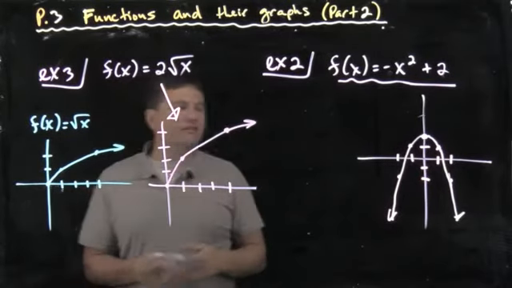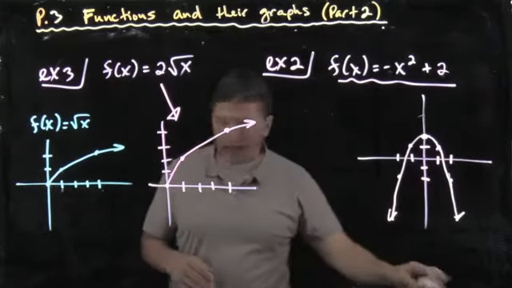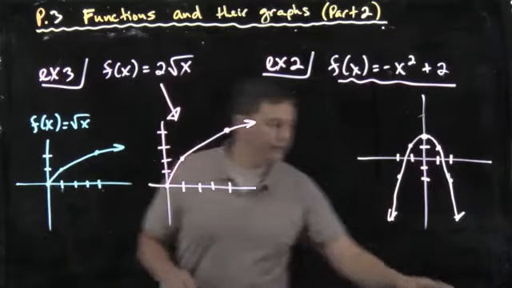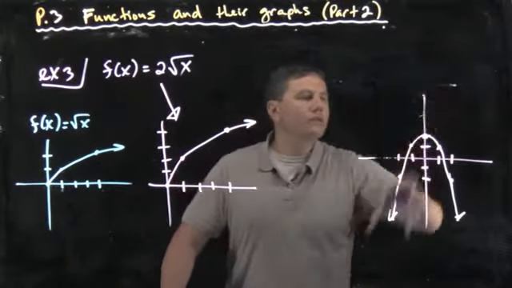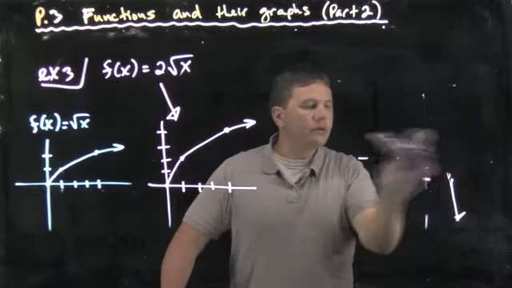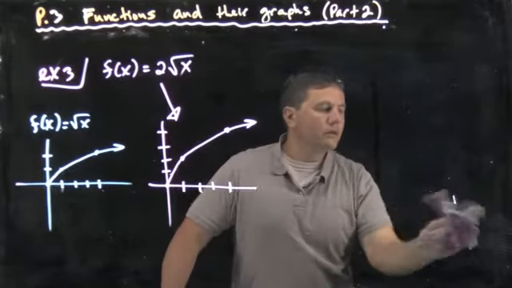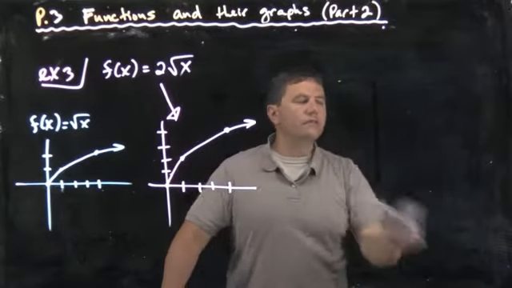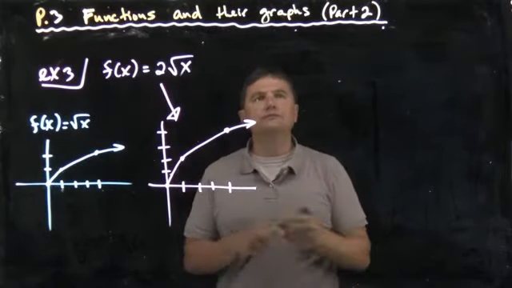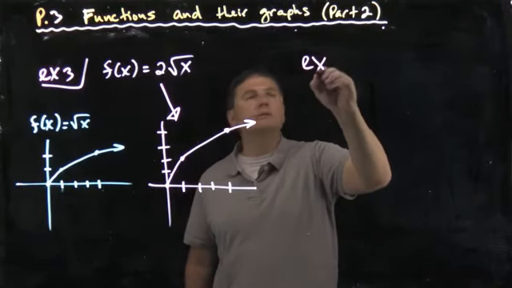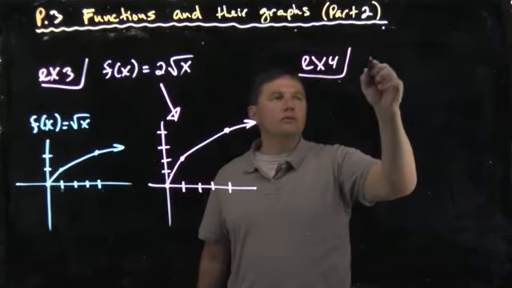Okay. Now let's get a different color here. Let's do a semicircle. Semicircles can be kind of strange.